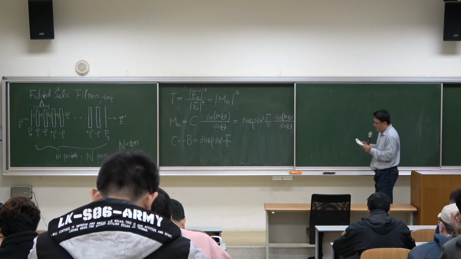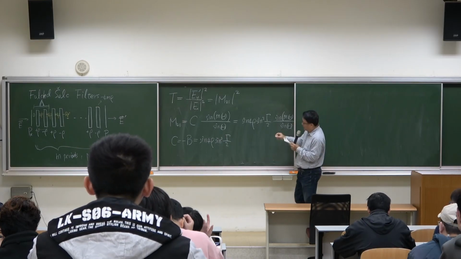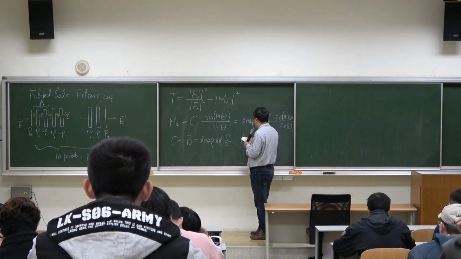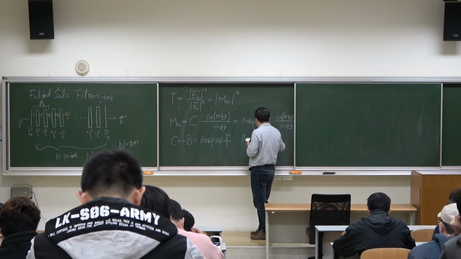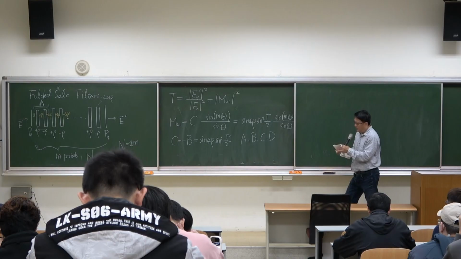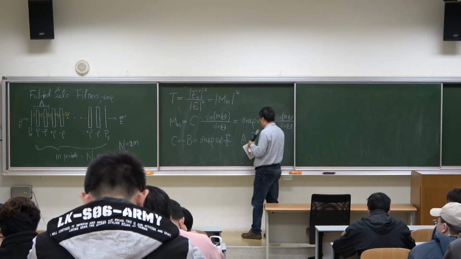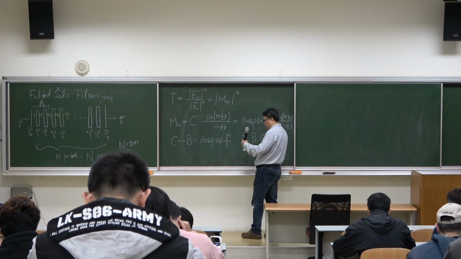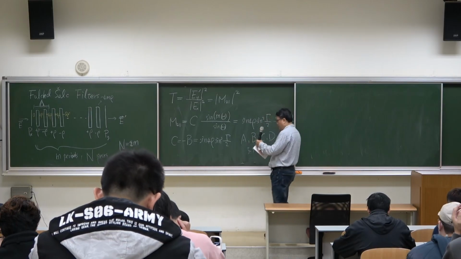So, in the textbook, the authors have already listed the A, B, C, D vector. A, B, C, D are listed in equation 5.3-3. Okay.